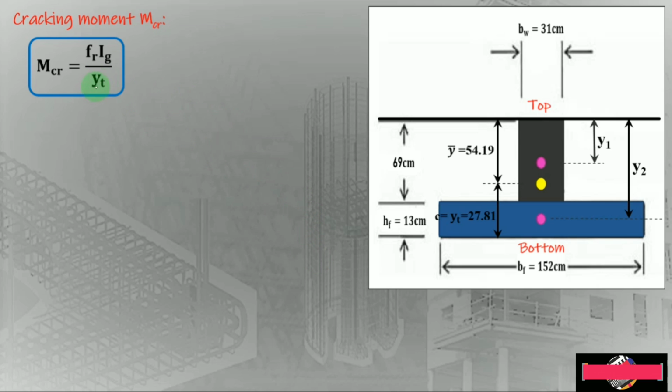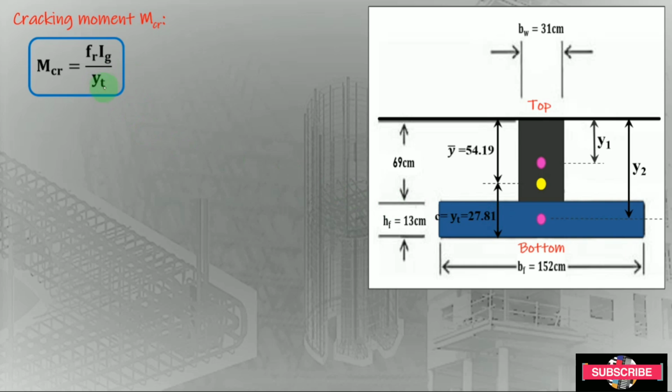So our extreme tensile fiber is located here at the bottom. That is why our Y sub T is equal to the C, which is also equal to 27.81.